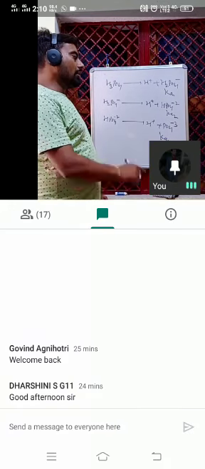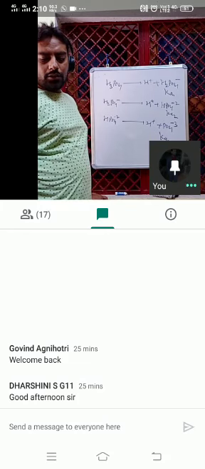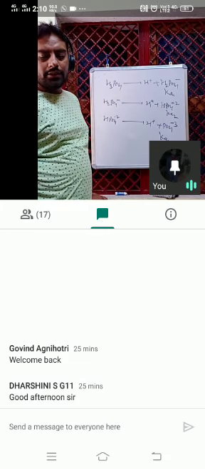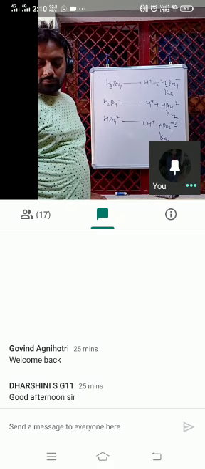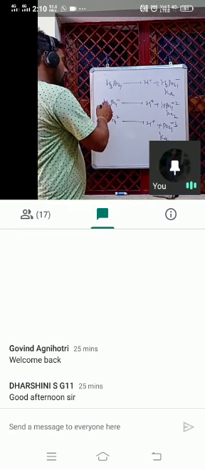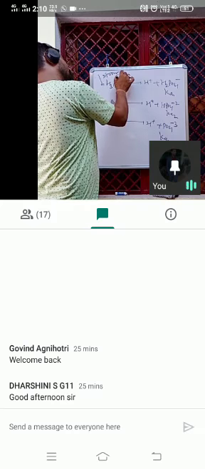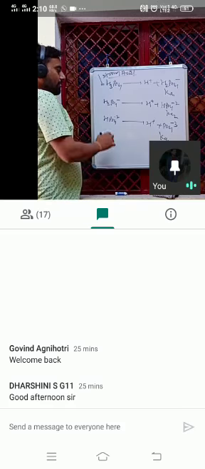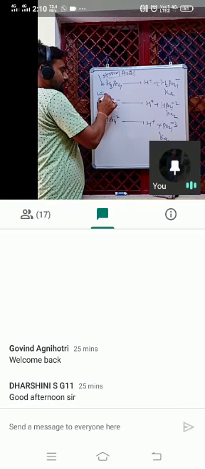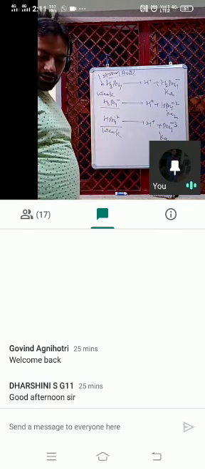Write down all the ionization constants in increasing or decreasing order. The question is, note it down in increasing or decreasing order. Then how will you write? You know, H3PO4 is a strong acid, but H2PO4 minus is a weak acid because it does not dissociate completely. HPO4 minus 2 is also a weak acid. So what is the order of ionization?